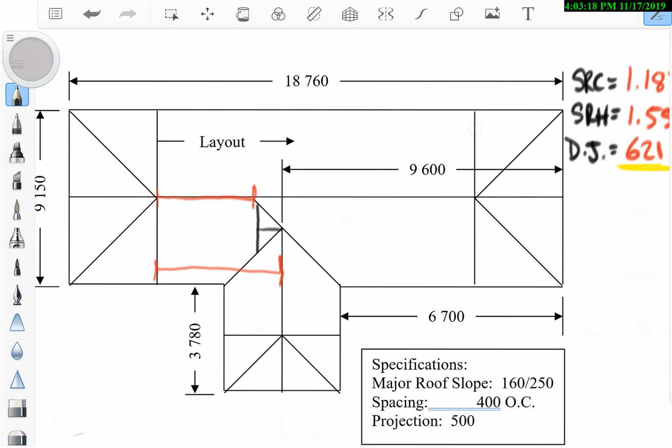I've already got both of those. So 2900 is the distance from the layout point to the supporting valley. And then on the bottom, the distance from the layout point to the minor ridge is 4585.